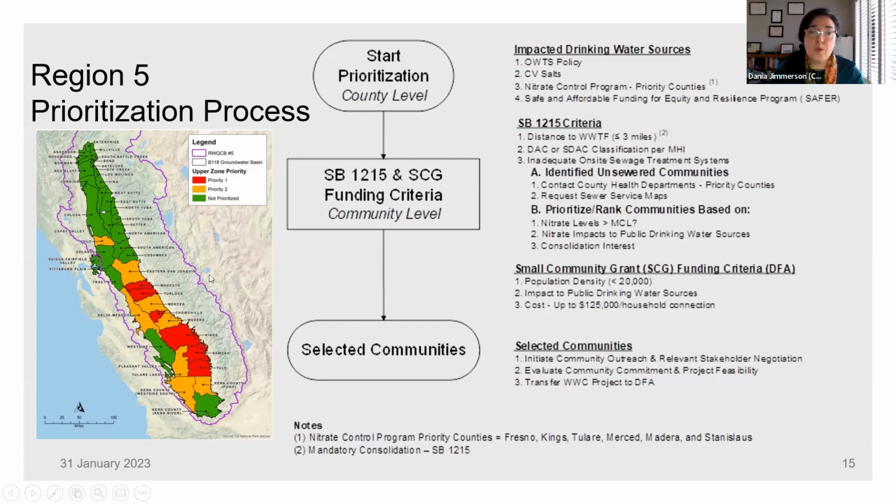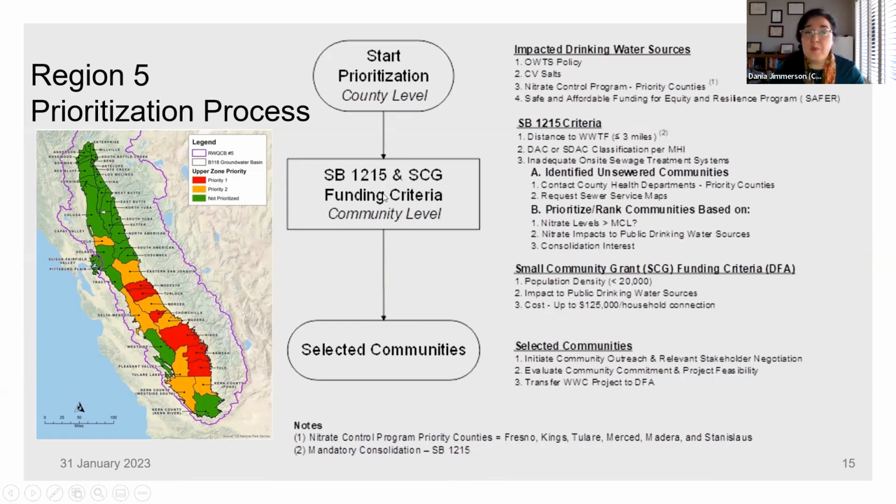All of those priority counties are the red ones here on the map on the left side. Those are the priority counties for the nitrate control program, and they are our priority counties as well for the wastewater consolidation program based on those fundings.